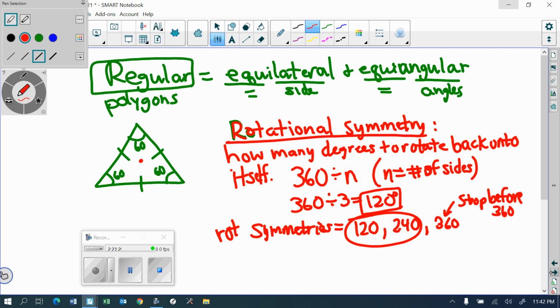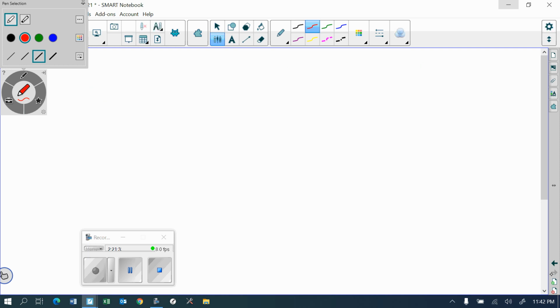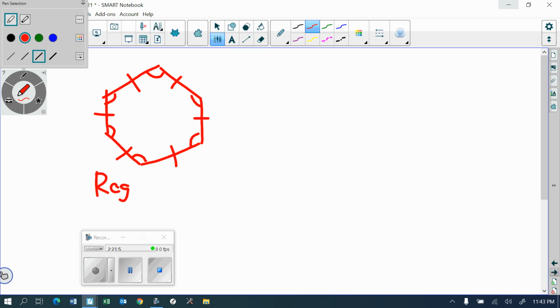We also use it when we talk about finding things for a regular hexagon. It doesn't matter that it doesn't look like it. I'm saying it is because I have all 6 sides congruent, which means all 6 angles have to be congruent as well. So that's a regular hexagon, 6 sides.